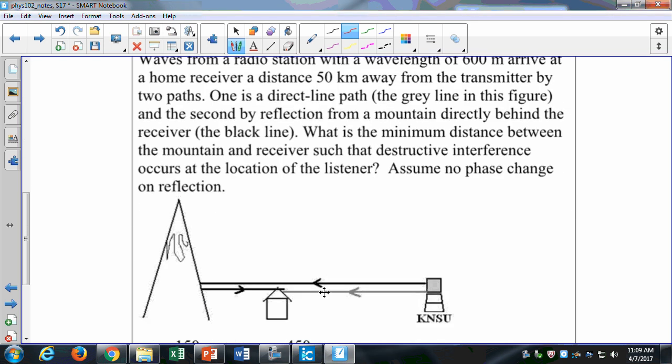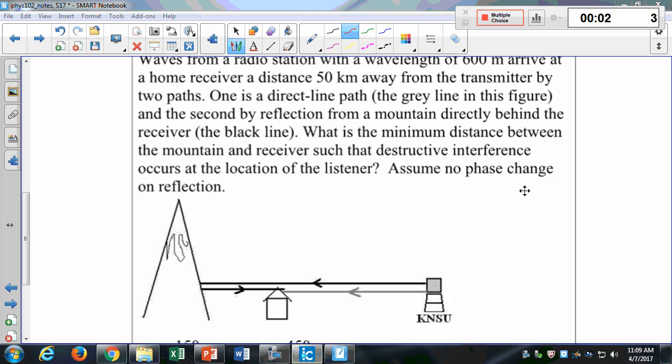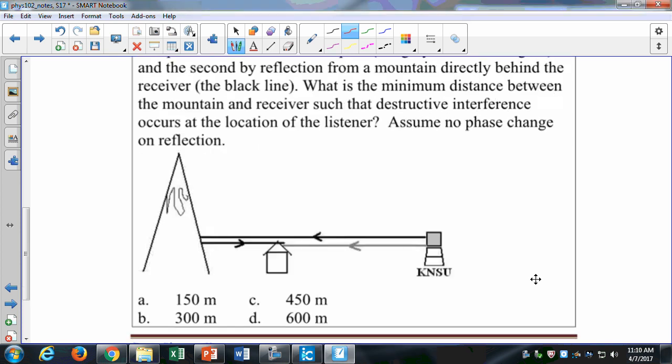Okay, this one's tricky. Let's try it out. When light waves travel a certain distance, they can get out of phase. And this is going to be a very important idea. So here what I have is a radio station.